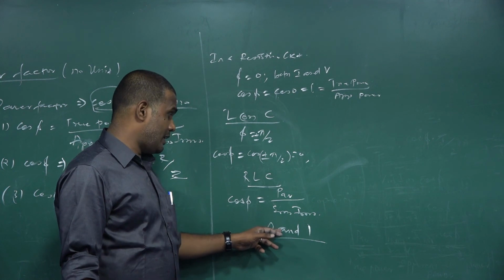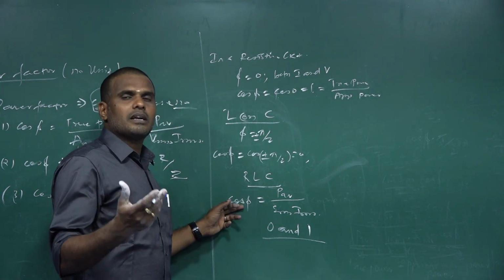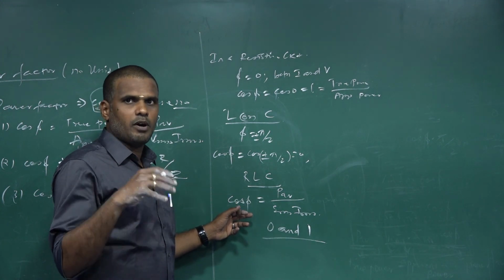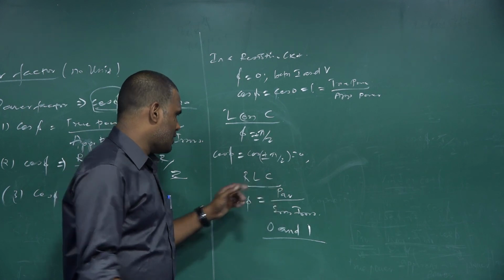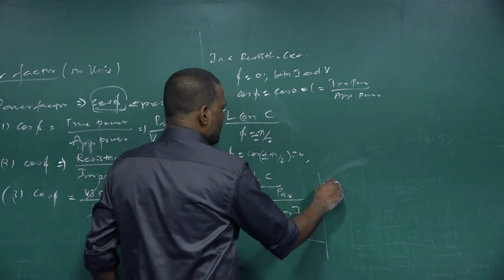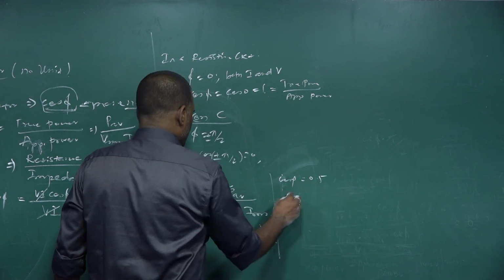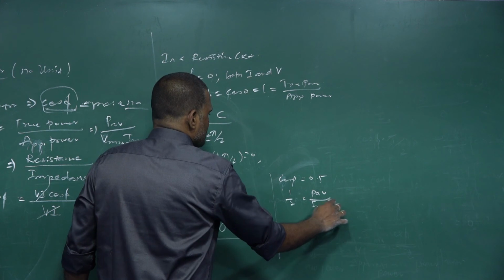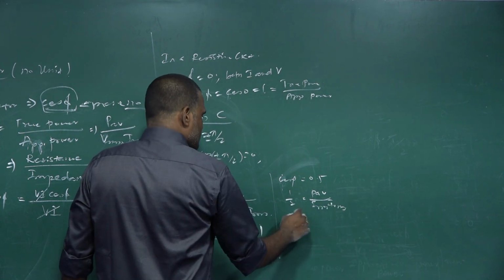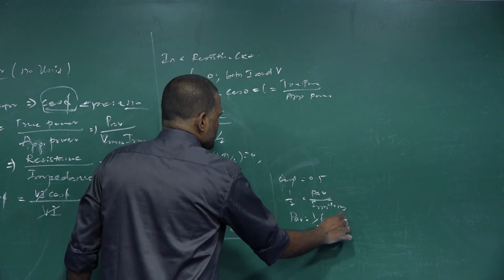So the value varies. What do we say here? If power factor is obtained as 0.5, I am just doing it as an example. If power factor cos phi is 0.5, then 1 by 2 equals average power divided by ERMS IRMS. So average power or true power is equal to half of ERMS IRMS.